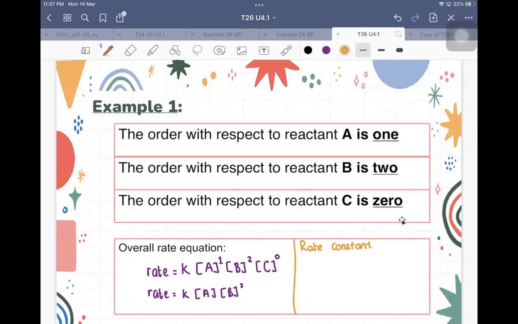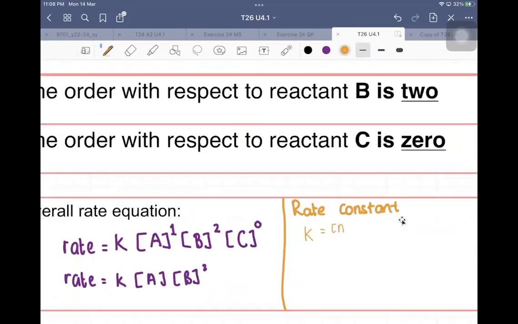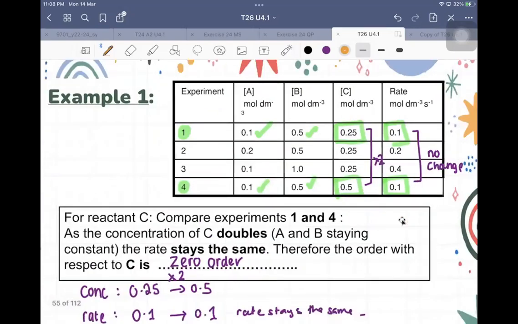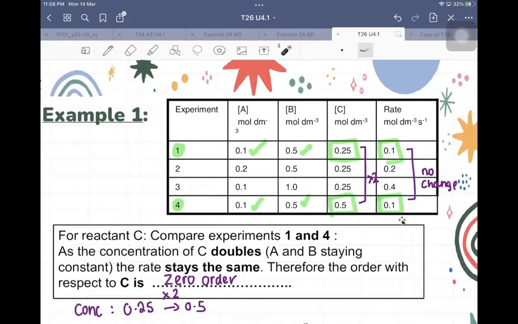So how can we solve what K is? K equals the rate of reaction over the concentration of A times the concentration of B squared. Because K is a rate constant, it is constant regardless of what concentrations you use. So you just have to pick out any one experiment.